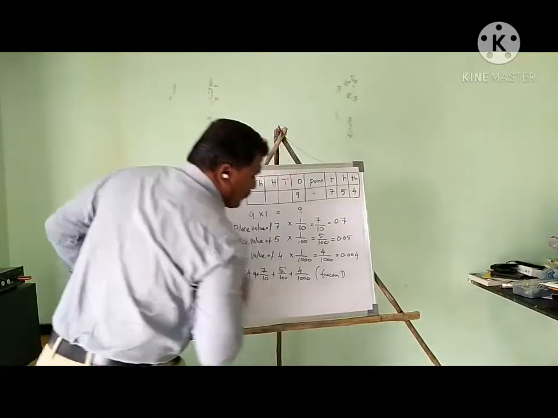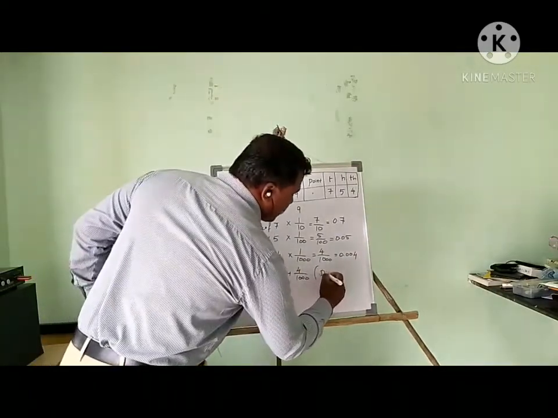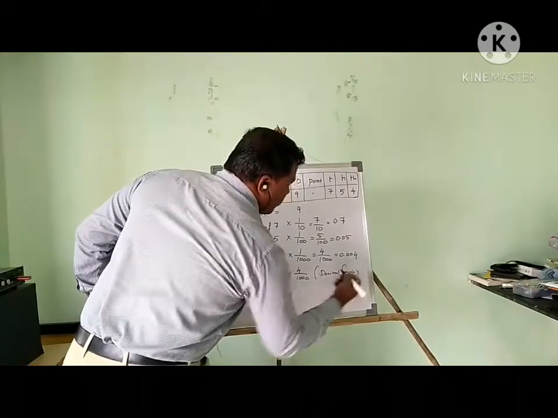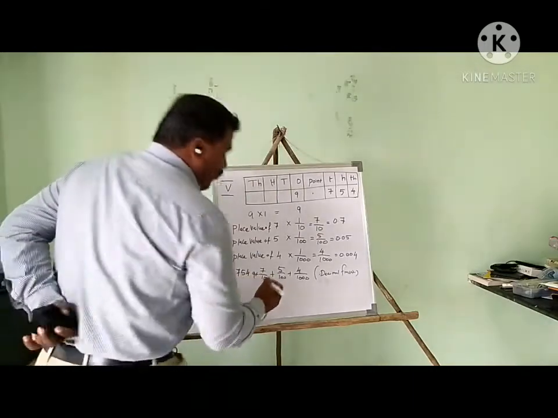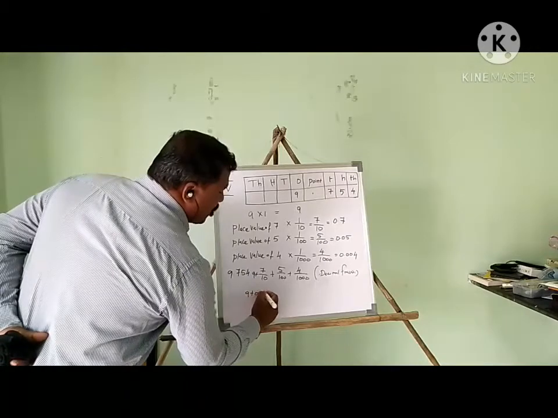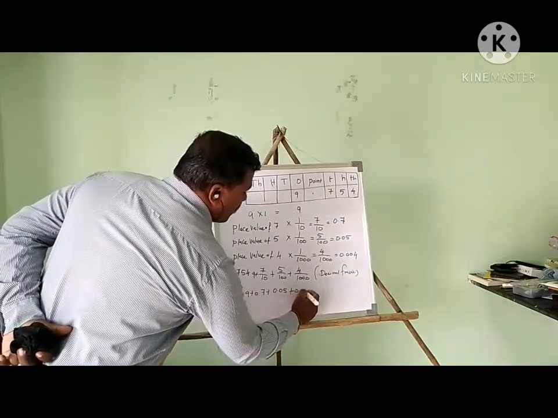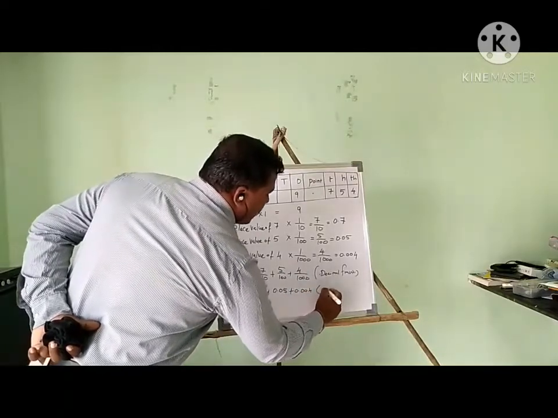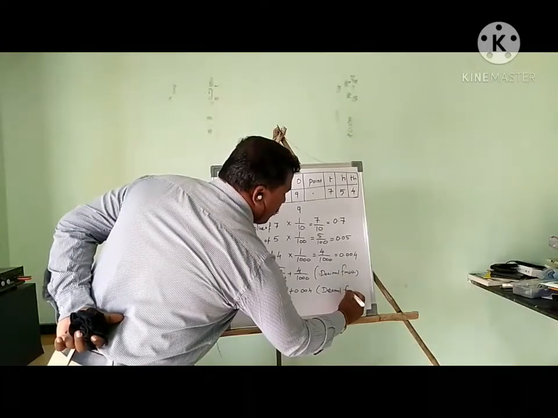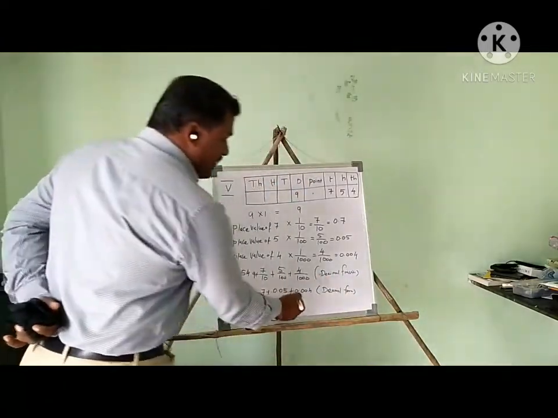This is the decimal fraction form. In another format, 9 plus 0.7 plus 0.05 plus 0.004 is the decimal form. So this is a fraction form, and this is a decimal form.